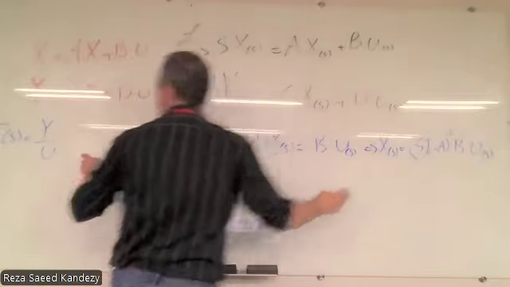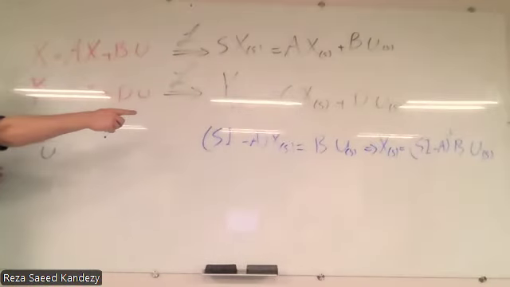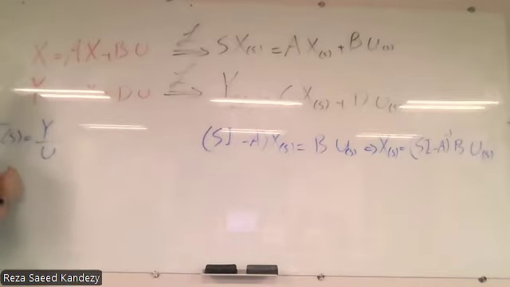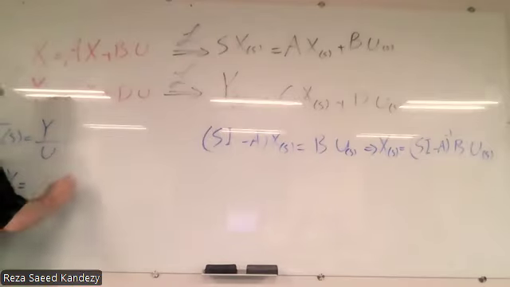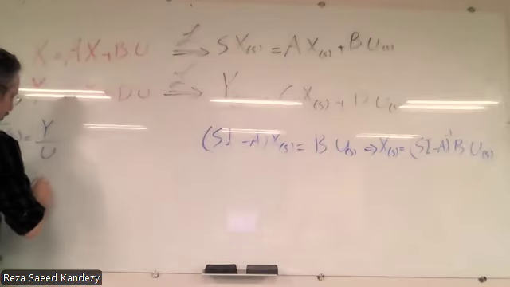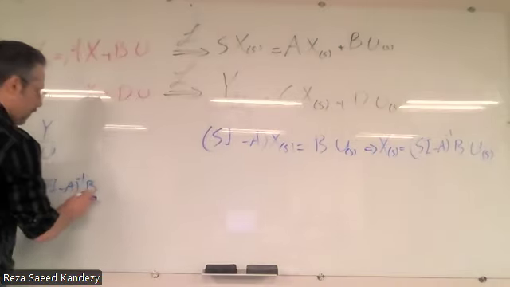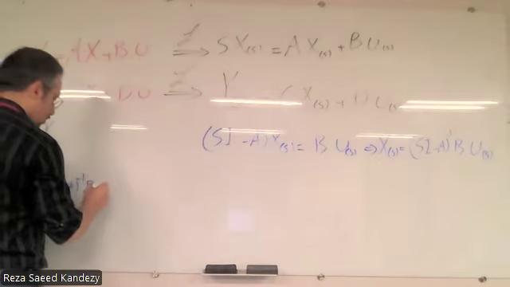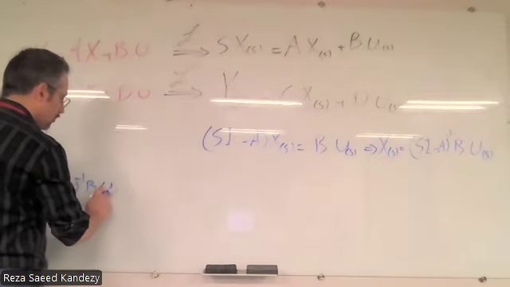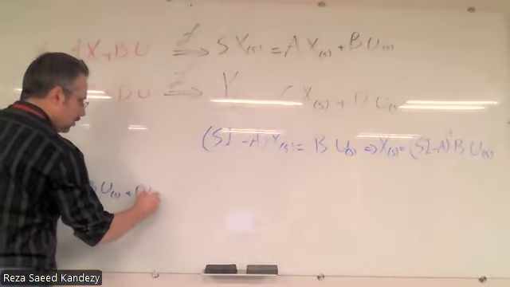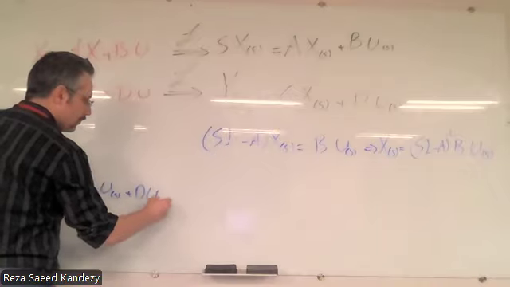Now we can put the x of s into this equation. So our y becomes C times sI minus A inverse times B, times u in the S domain, plus D u in the S domain.